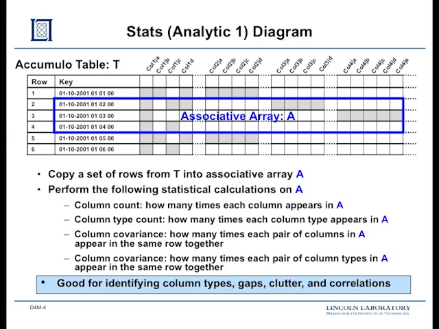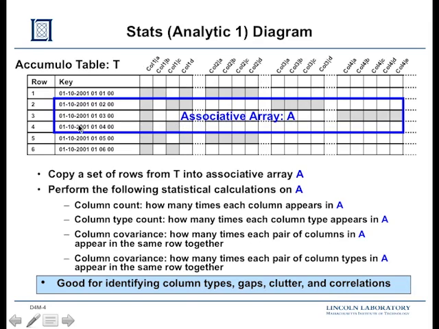So starting out simple, we're just going to talk about one of the simplest analytics you can do, which is getting basic statistical information from your data set. So if this is our data set, we have a bunch of row keys here, time-like, with some additional stuff to make them unique rows, and then we have these various columns, some of which, the gray ones, are filled in, and the white ones are empty.